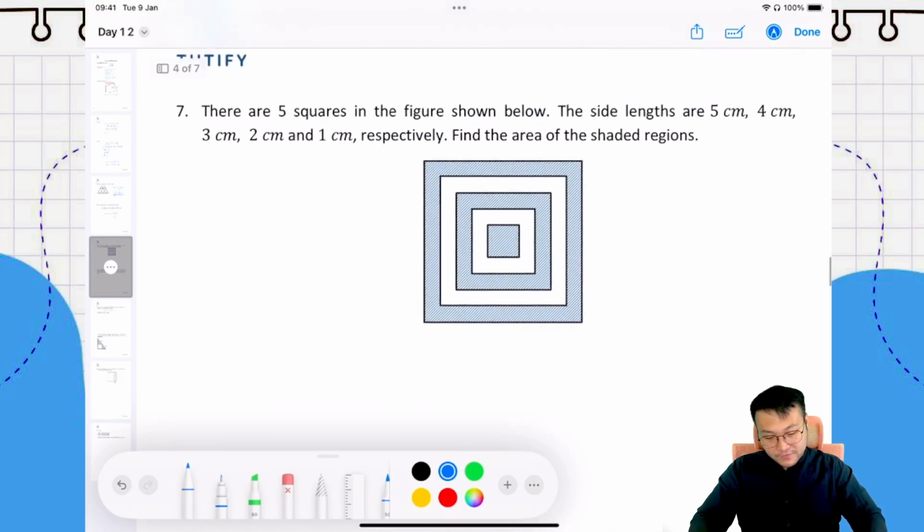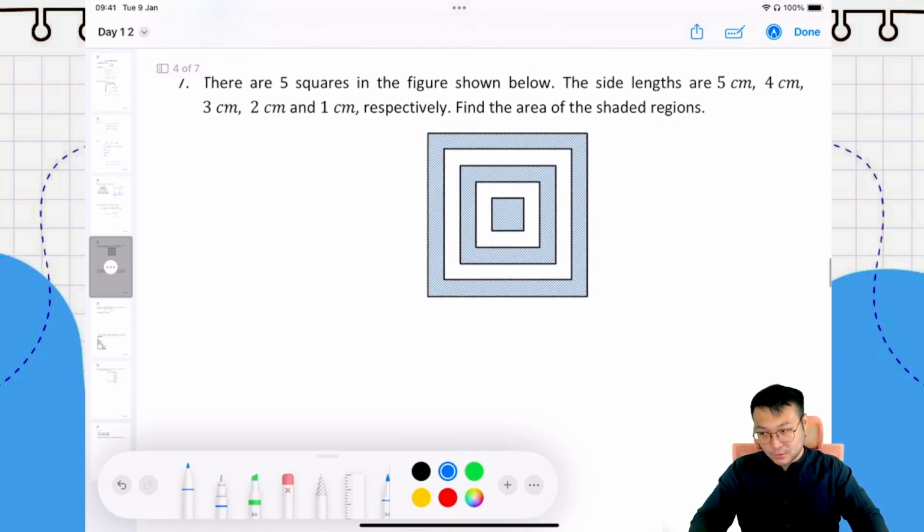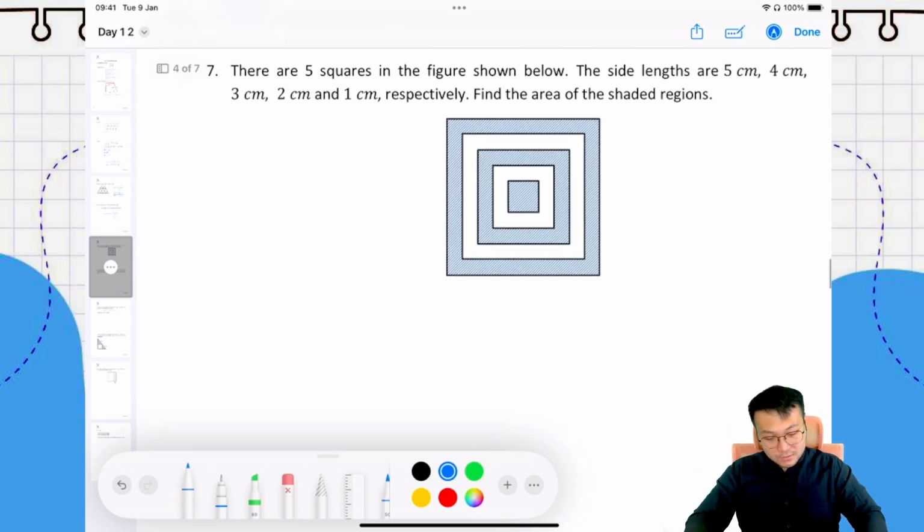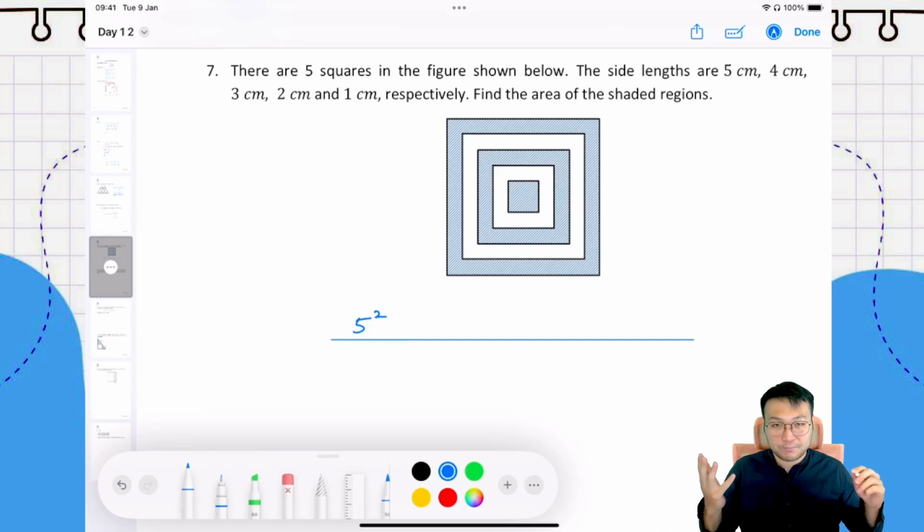So, firstly, they say that the biggest square has a side length of 5. So if you want to find the area of the biggest square, then it is 5 to the power of 2. That is the side length of the biggest square. But do you notice, how do you find the shaded area here?